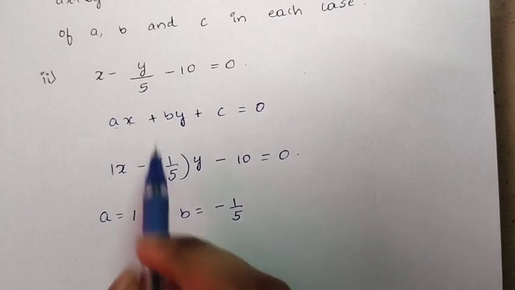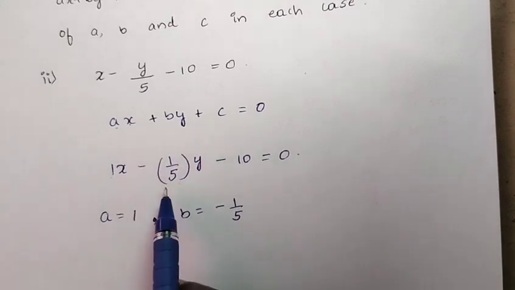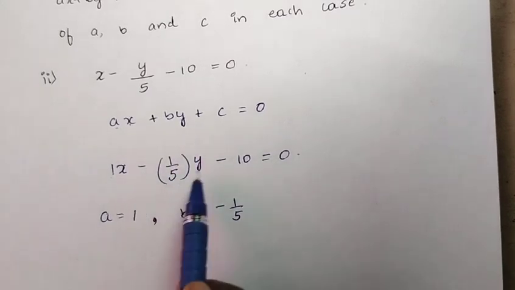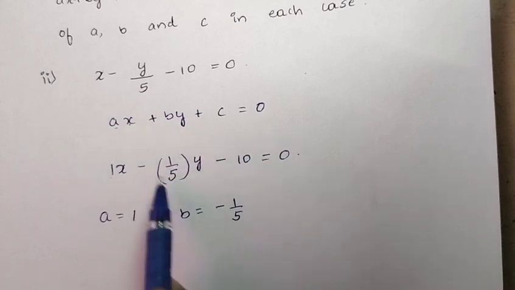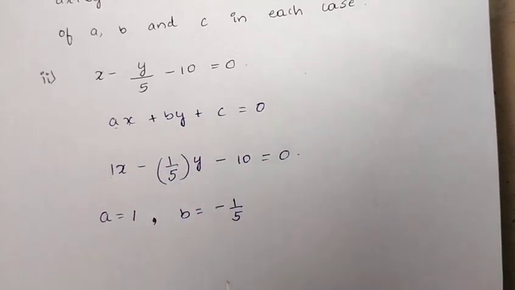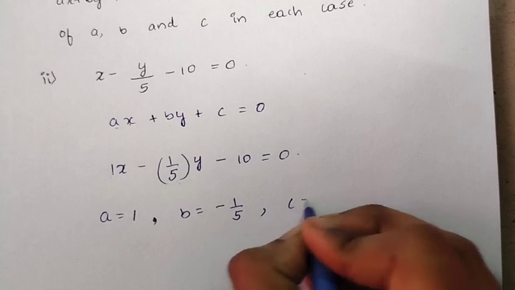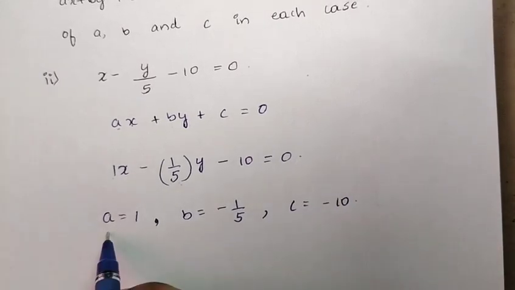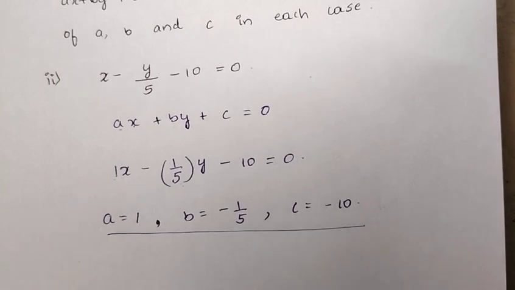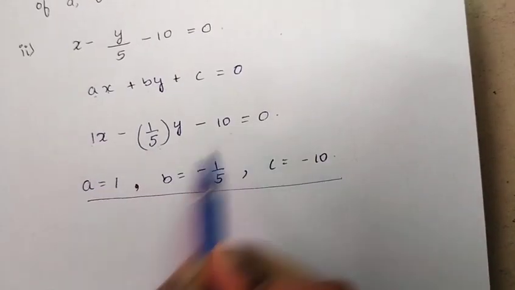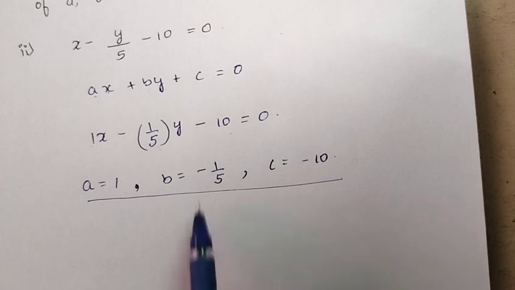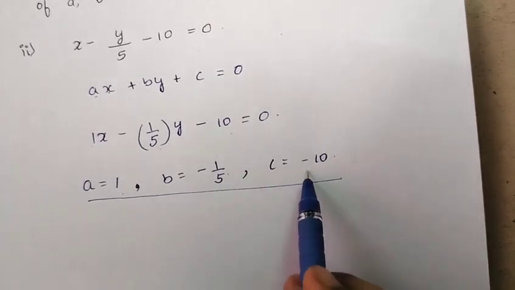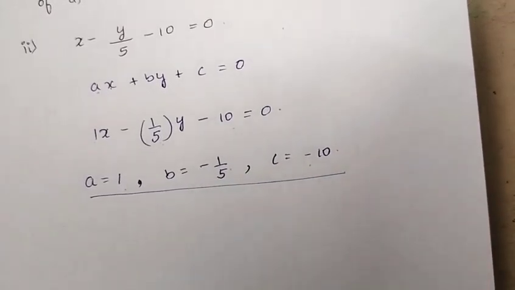Be careful, students: in the standard form we have plus by, but in the given equation it is minus 1 by 5 into y. So in the place of b we have to take minus 1 by 5. Then the value of c is equal to minus 10. This is the required answer for the second equation. So the values of a, b and c are 1, minus 1 by 5 and minus 10.